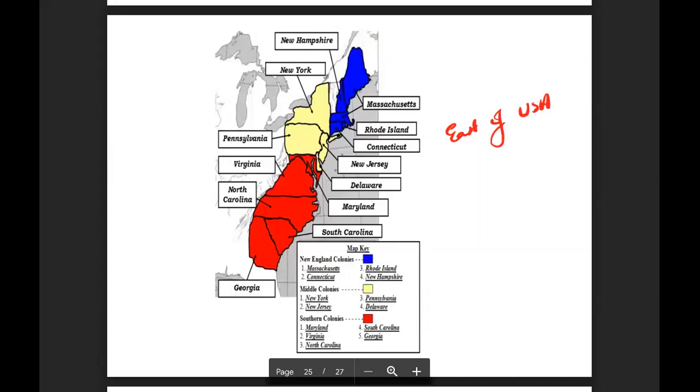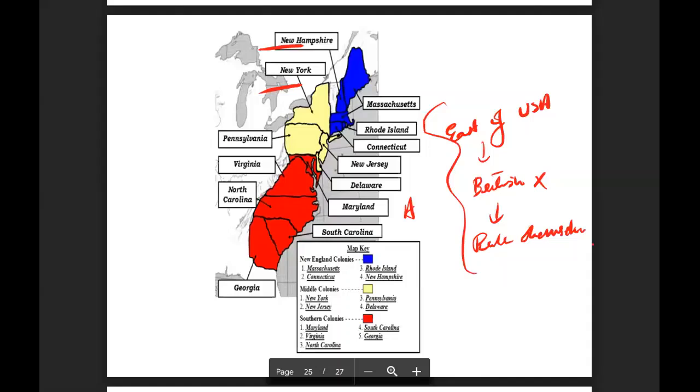You don't have to remember the names, you just need to know that 13 colonies were there. The 13 colonies united together and decided that they would throw the British out and rule themselves. This is exactly what happened in the American Revolution, nothing more.